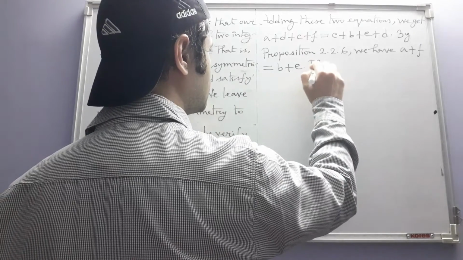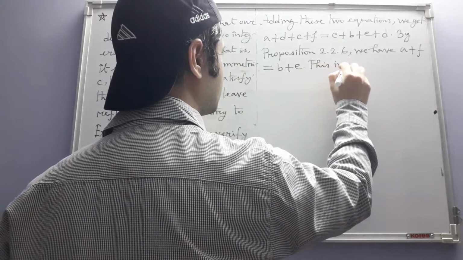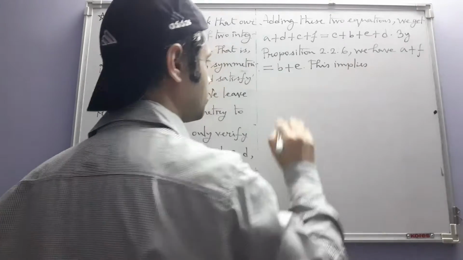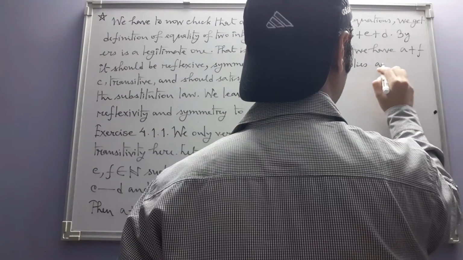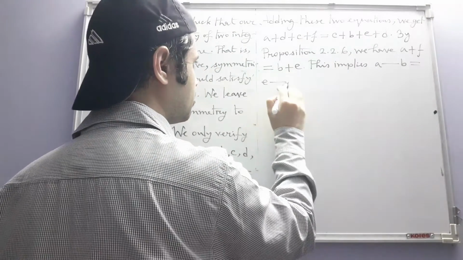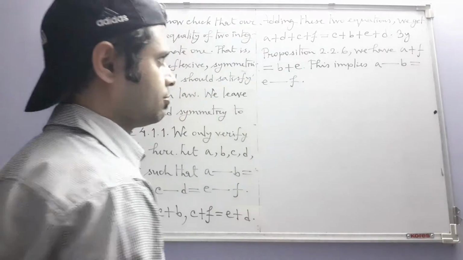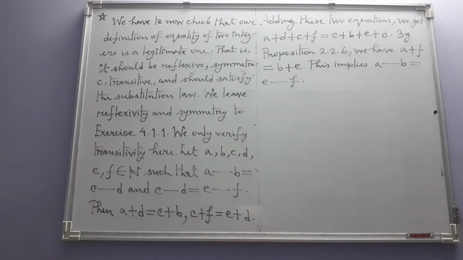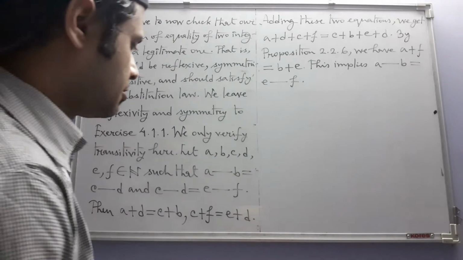This implies A dash B is equal to E dash F. So that's it.